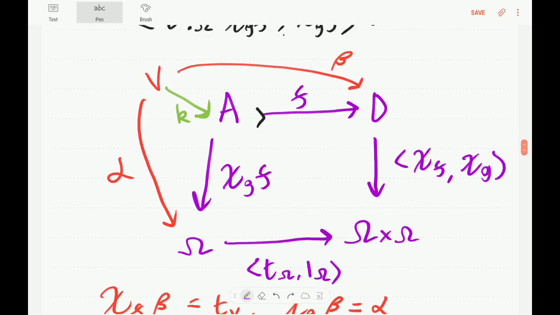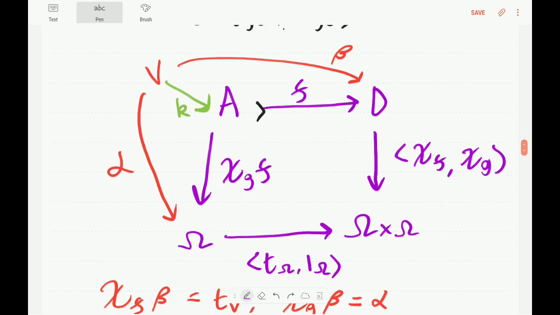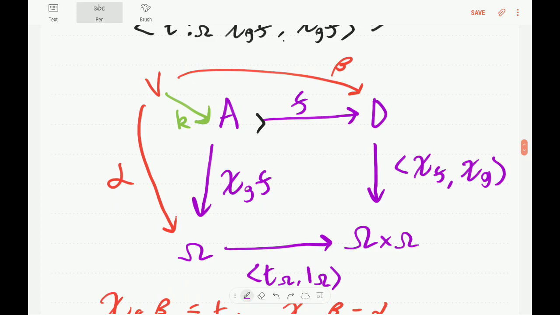Now let's suppose that we have this object V with arrows alpha and beta, such that t omega comma 1 omega after alpha equals χf comma χg after beta.